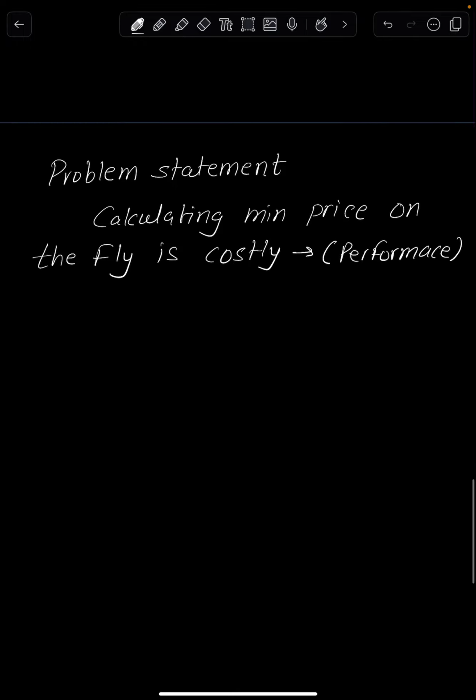This is the problem, and the solution to this problem is what we are discussing right now. There could be multiple solutions, but we are going to talk about the solution that has been implemented in Magento.